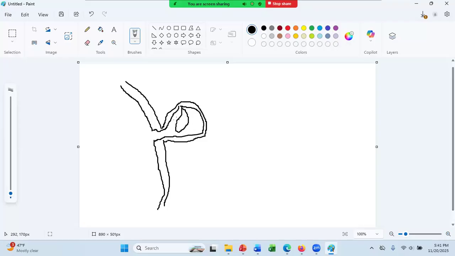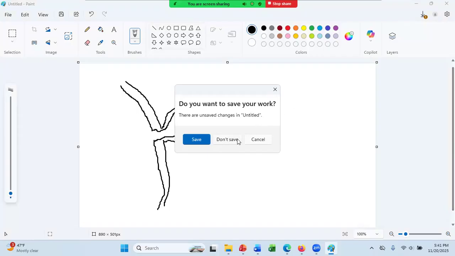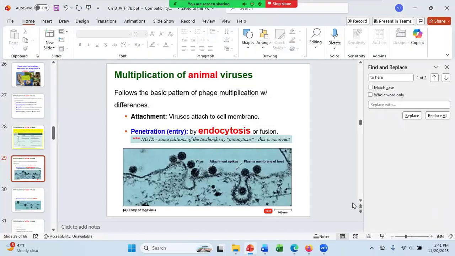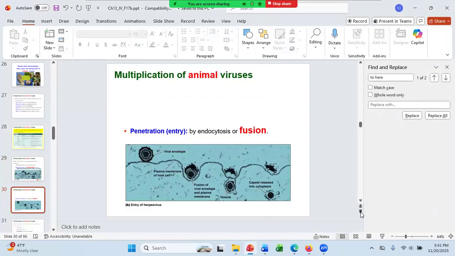And that's how fusion of the virus envelope to the cell membrane happens. Any question about any of them? So animal viruses enter by endocytosis or fusion of the viral envelope to the cell membrane, and then the new virion gets inside the cell.